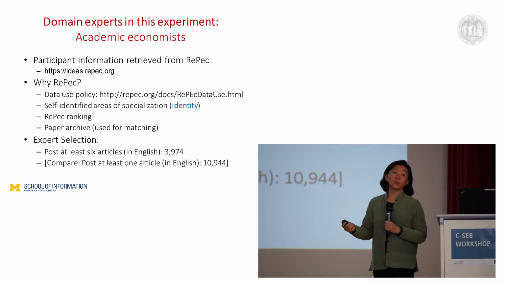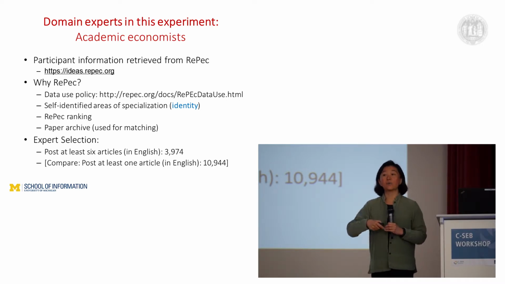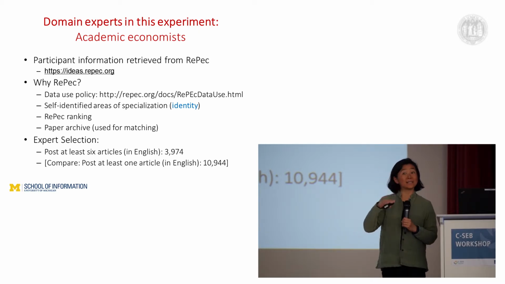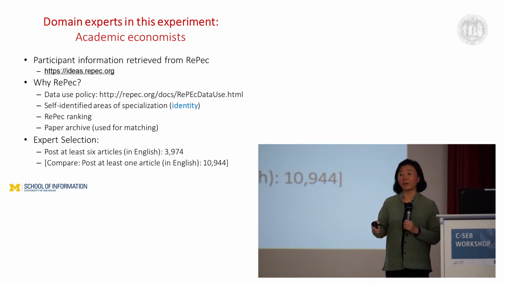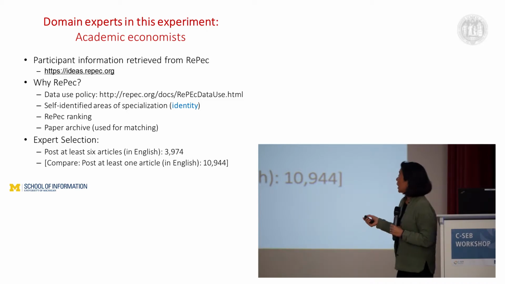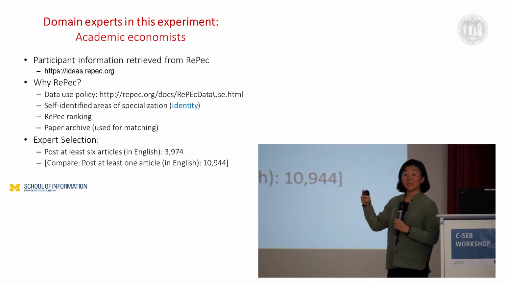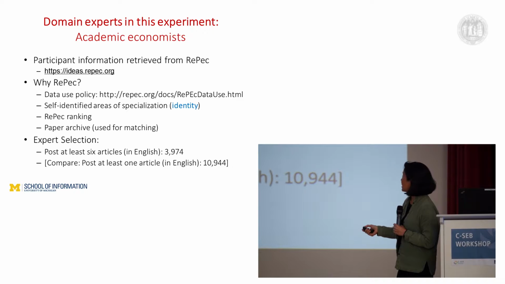We would have liked to use SSRN, but it does not allow random people to crawl the data. Every website has a data use policy. If you go to the main URL and add /robots, it has the list of what you can or cannot crawl. So the data use policy does not prohibit us from crawling the email address and other information.